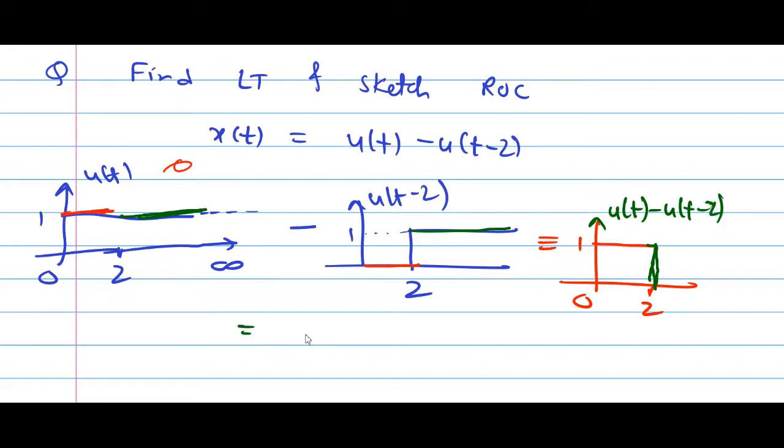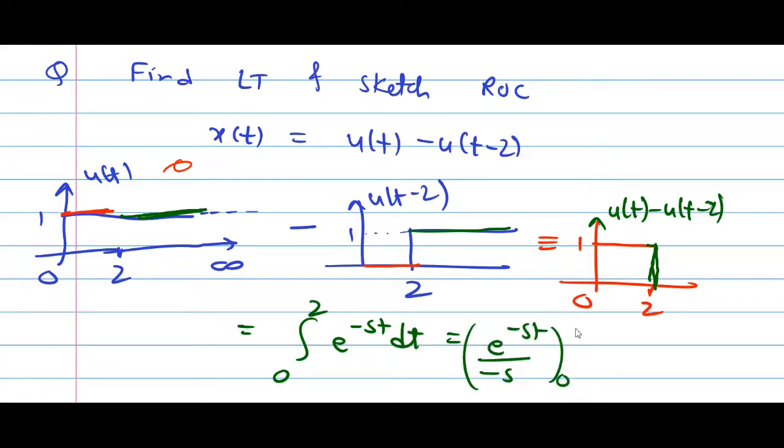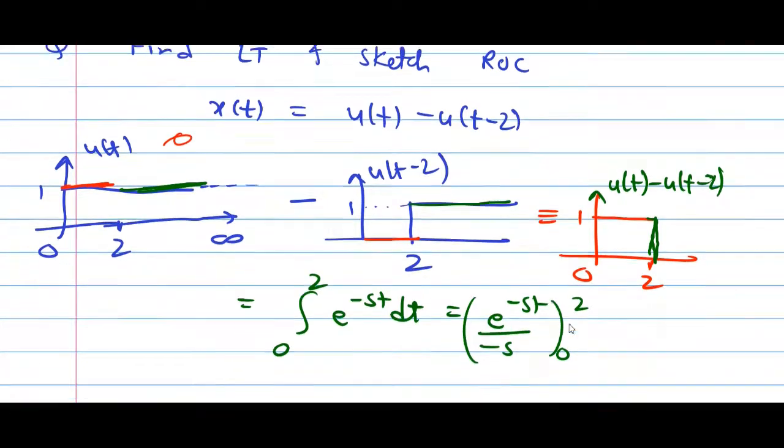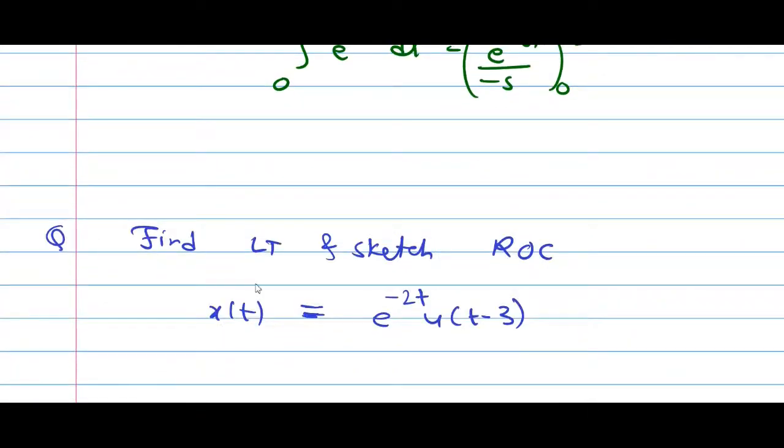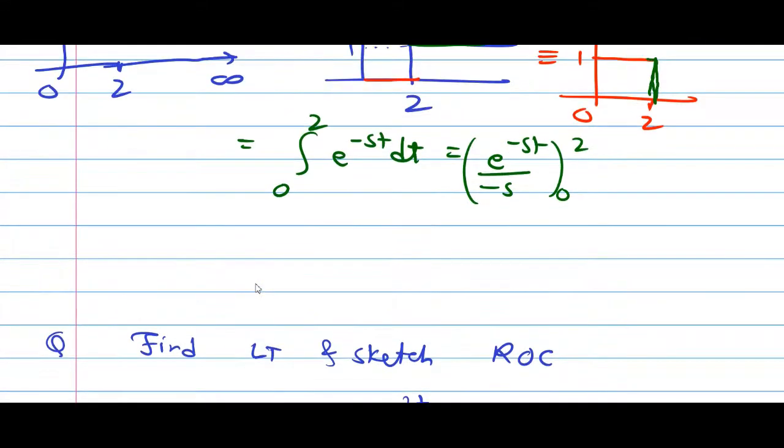In the definition, the limits will change from 0 to 2 because our signal is present from 0 to 2, and the value of the signal is 1 times e^(-st) dt. So it becomes e^(-st) upon minus s, limits 0 to 2. Substitute the upper limit, so it becomes e^(-2s), then the lower limit, in place of t put 0, so e^0 upon minus s.